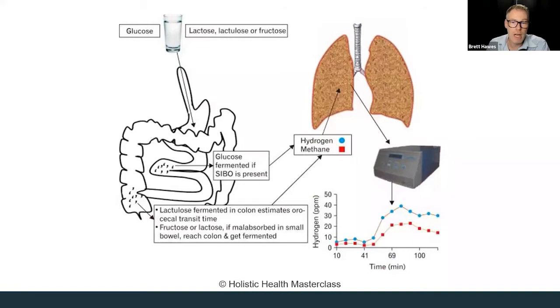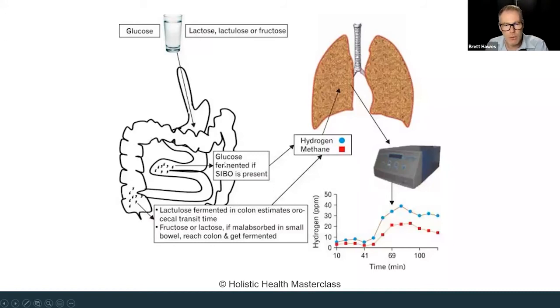They can also produce hydrogen sulfide gas, which is starting to appear. I think people are working on that in terms of testing, but currently all that you're going to find on the report is hydrogen and methane, all right? If I don't have these pathogenic bacteria there, I'm not going to produce hydrogen or methane.